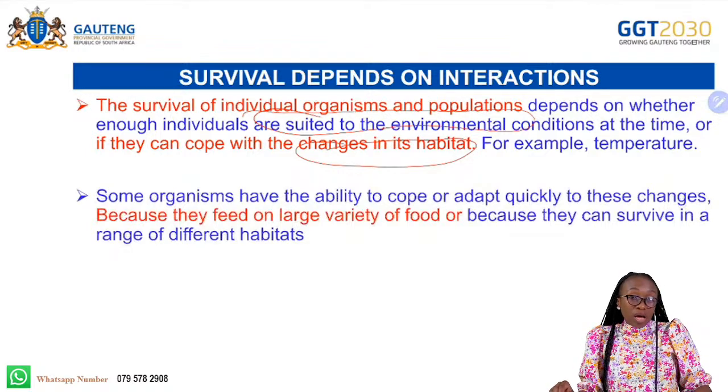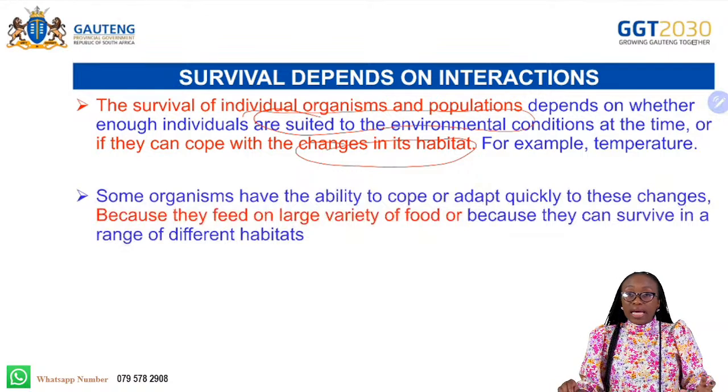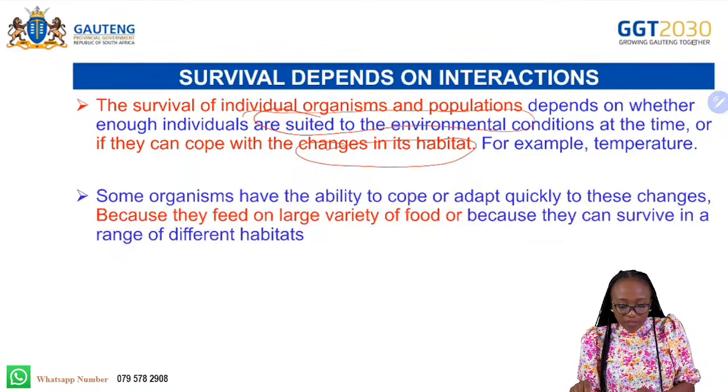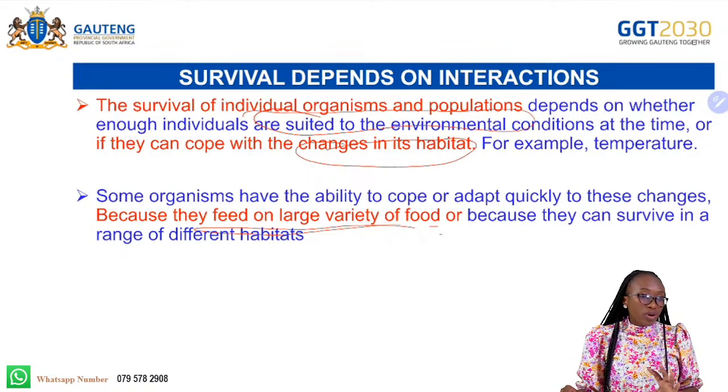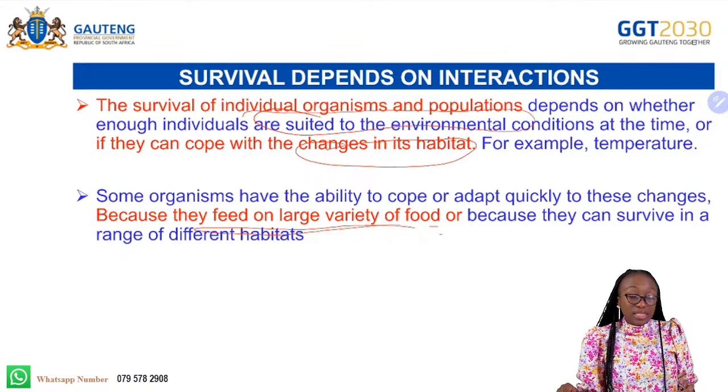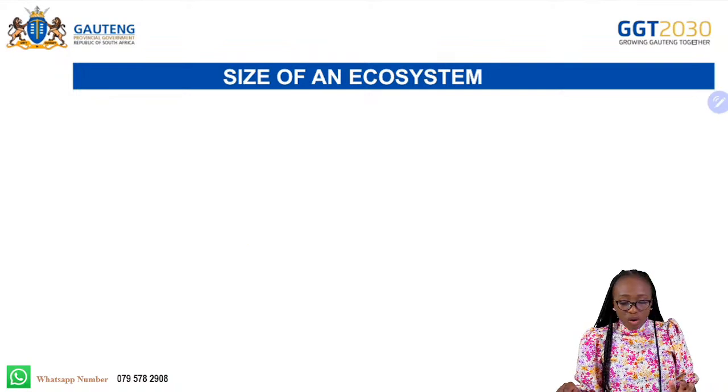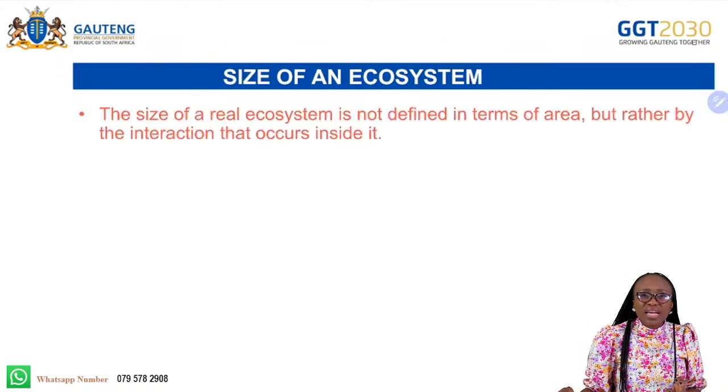Some organisms, however, are able to cope and adapt very, very quickly to these changes because they feed on a large variety of food. They don't have one particular food that they feed on. They have a large variety of food because they can survive on a different range of habitats.